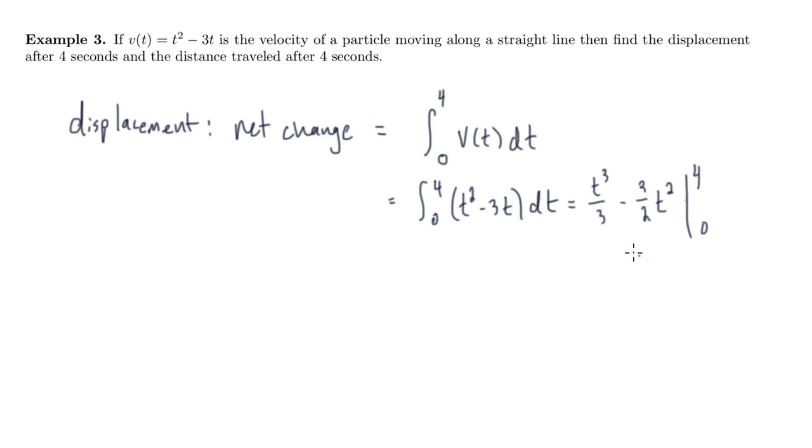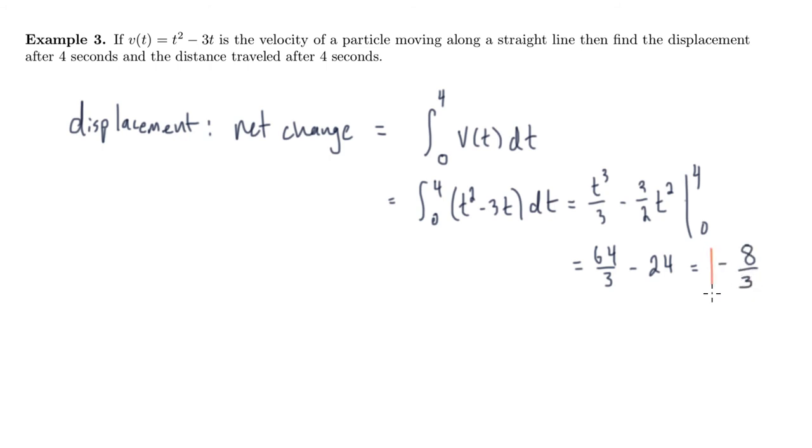And what do we get? Well, we get 64 over 3. We just plug in 4. Plugging in 0 will give us 0. And then minus 24, so that's 16 over 2, so 8 times 3, 24, which is negative 8 over 3.